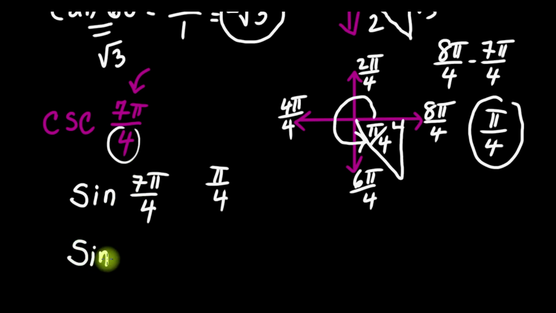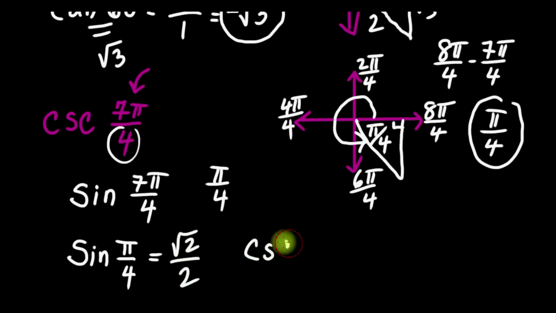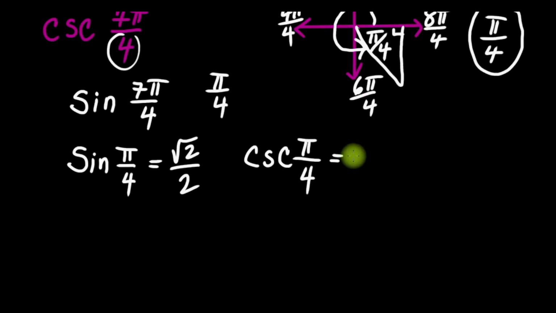Sine of pi over 4, we know, is root 2 over 2. Cosecant of pi over 4, you flip it, since cosecant is the reciprocal of sine, so it's 2 over root 2.